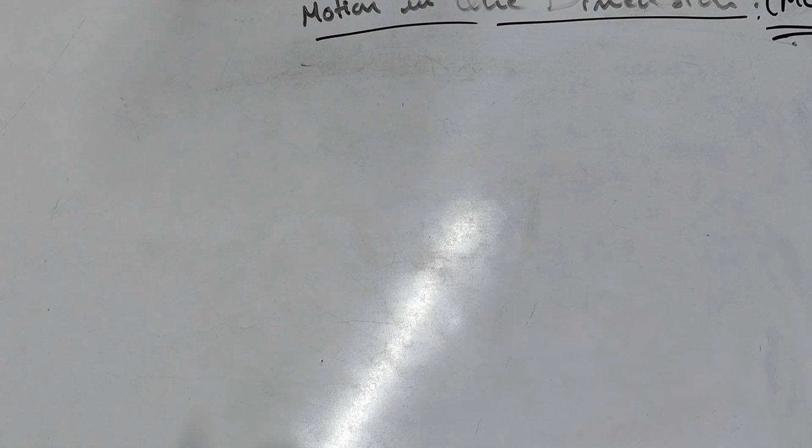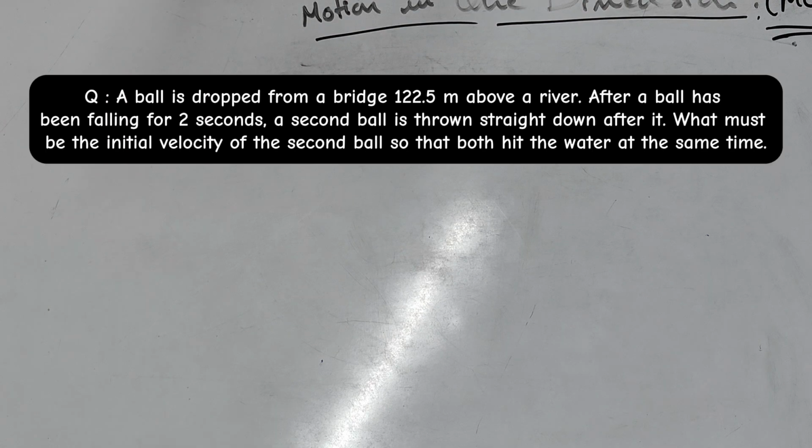So there is a question: a ball is dropped from a bridge 122.5 meter above a river. After the ball has been falling for 2 seconds, a second ball is thrown straight down after it.